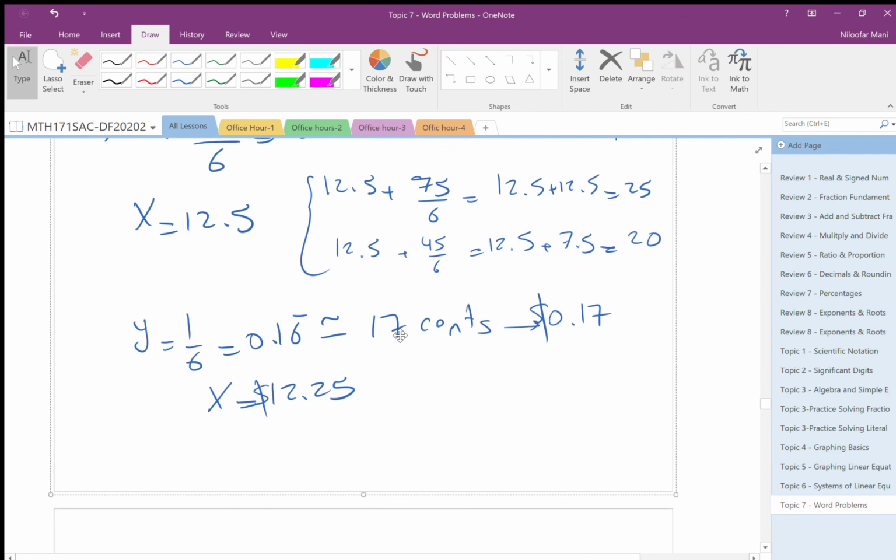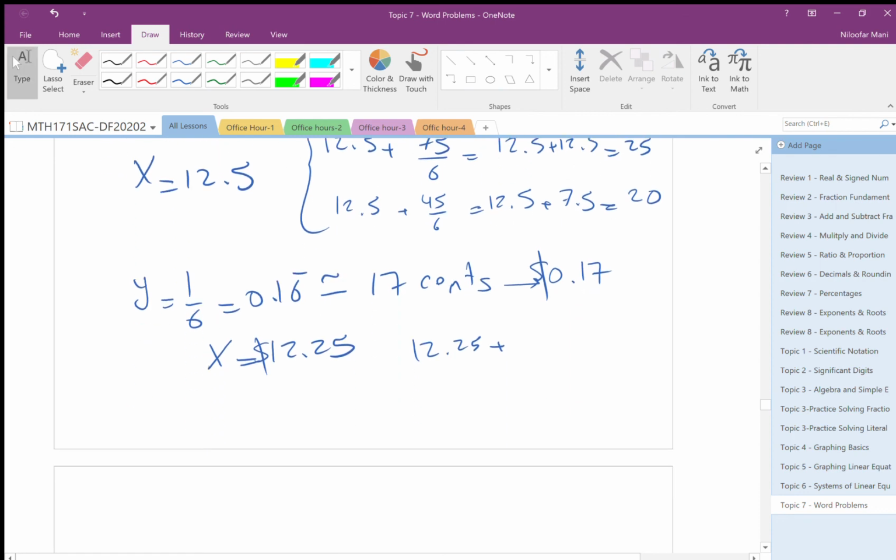So 12.25 plus 45, multiply this, and I can see what's the answer. It's 19.9, which is almost 20, and yes, that's fine. So this is 19.9, which is almost $20, and yes, that's fine.